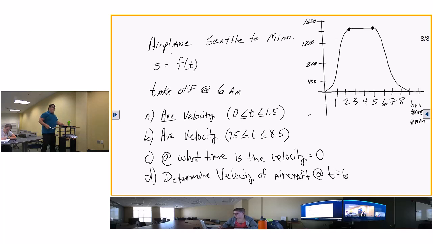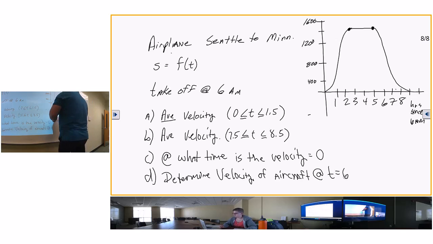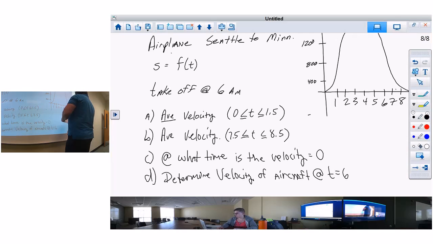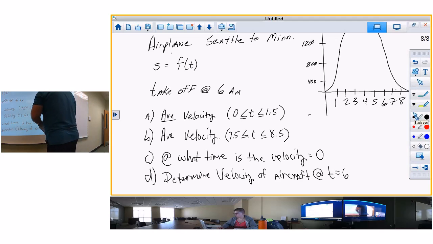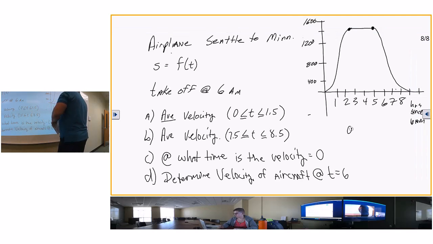Now, that's why I had all this cut and pasted, because it's a whole lot easier to do when the graph is correct and it's not drawn. But like I said, after the second time I cut and pasted, I just gave up. So A is going to be, I'm just going to write A right here, and I'm going to do the math, and then I'm going to erase it.